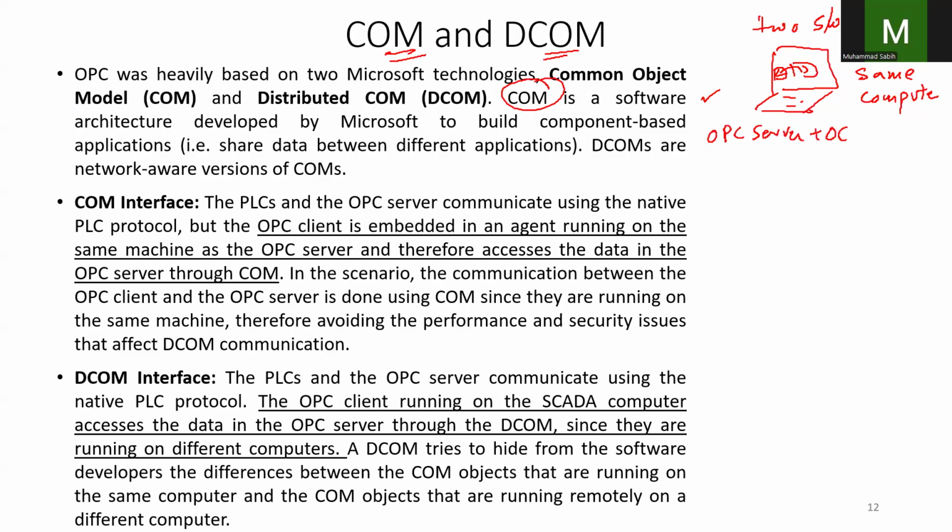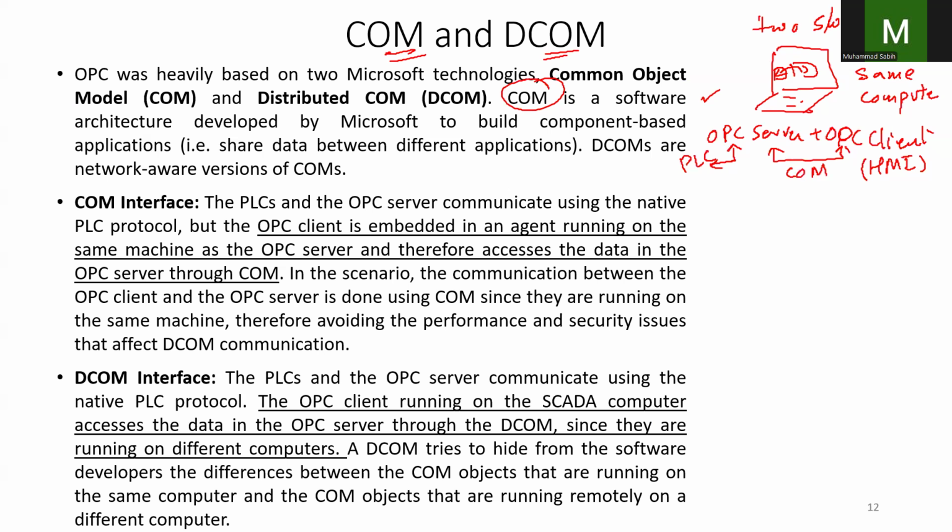It is also possible that the HMI software is acting as the OPC client, installed on the same machine where the OPC server is running, and the OPC server is talking to the PLC outside.